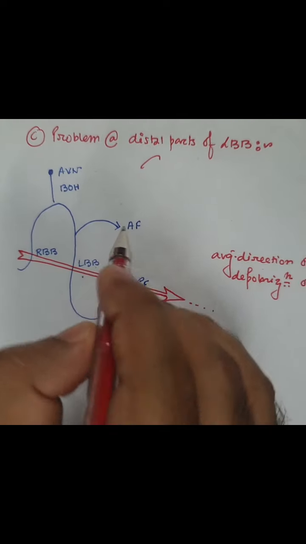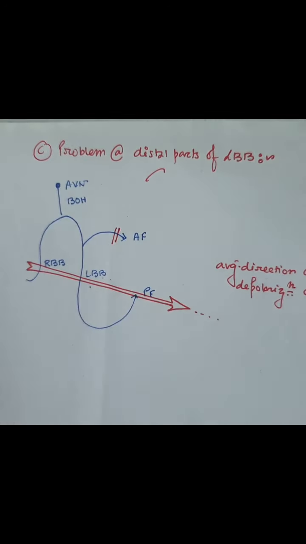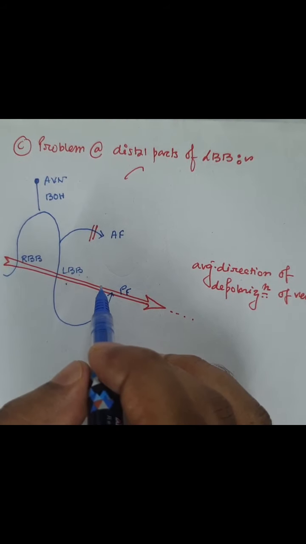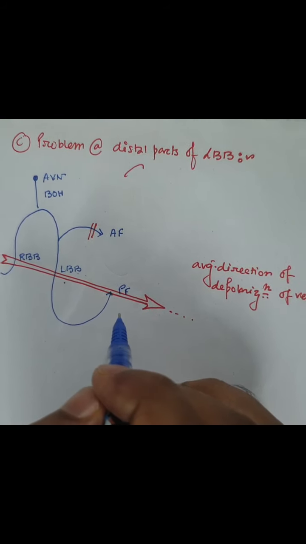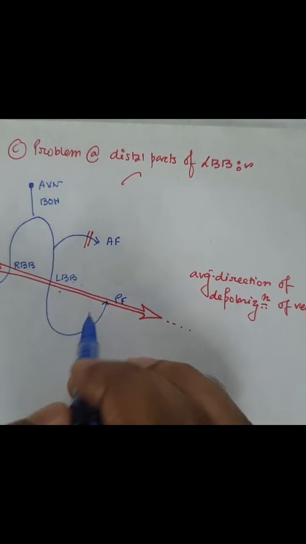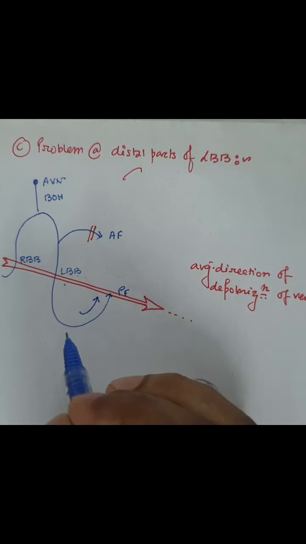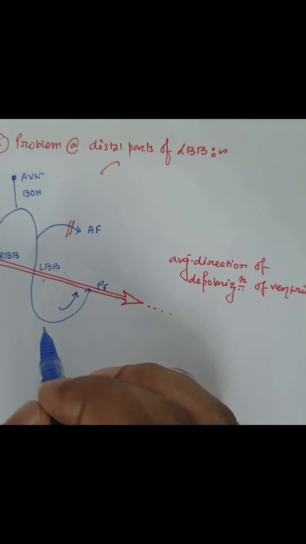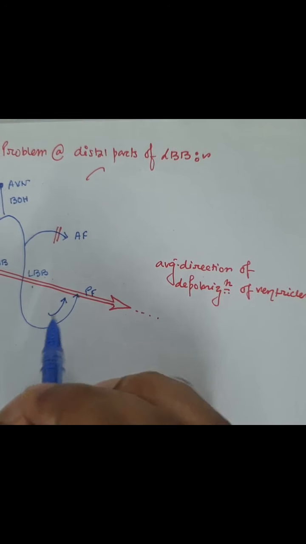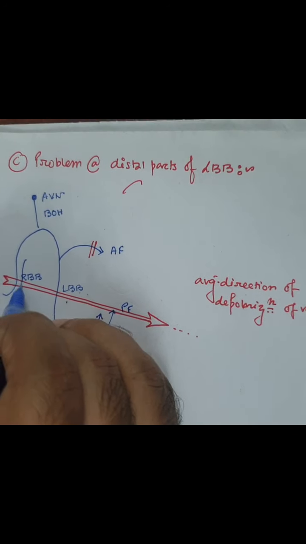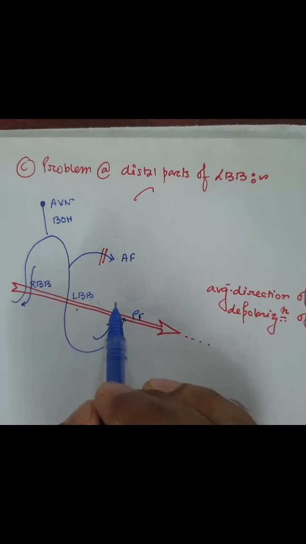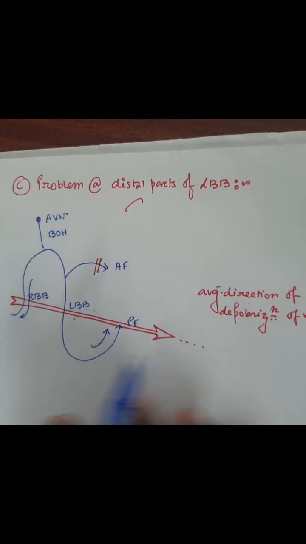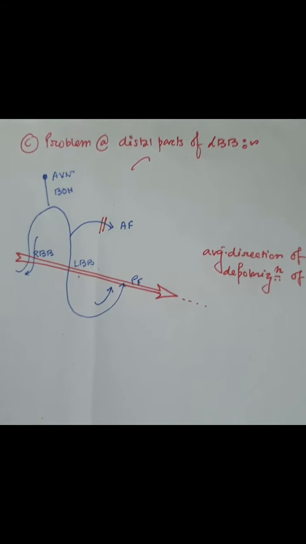Now, if the anterior fascicle is blocked, then the anterior fascicle fails to conduct, and the cardiac axis rotates upwards, because the posterior fascicle is the only source of the impulse getting from the SA node, AV node, or through the bundle of His to the left ventricle, but the right bundle branch is intact. So the resultant vector of the cardiac axis is upwards, like this.